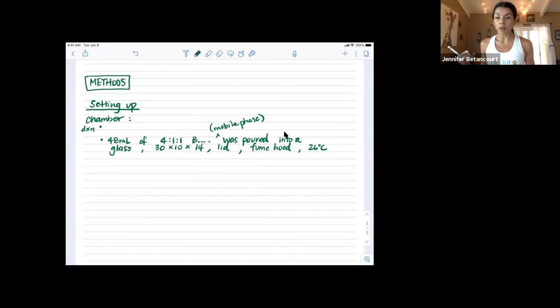Is it important still? Yes, but it's less important than actually saying the name of the reagent. 48 mils of 4:1:1 such and such, mobile phase, was poured into a 30 by 10 by 14 centimeter glass chamber with a lid. The chamber is placed in the fume hood at 26 degrees. Boom, done. If you have a method section that is more than 1 page, double spaced, you need to cut stuff out and you need to trim stuff down.